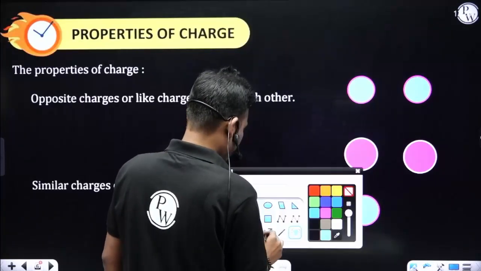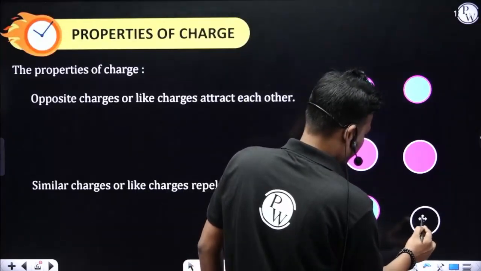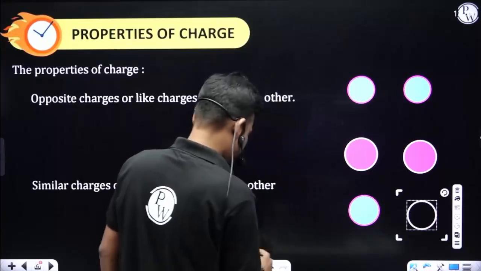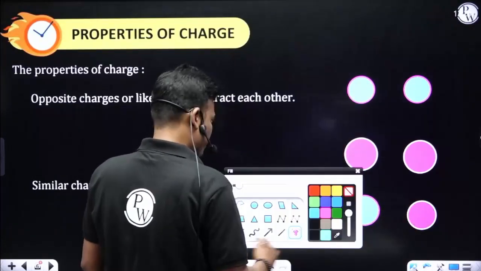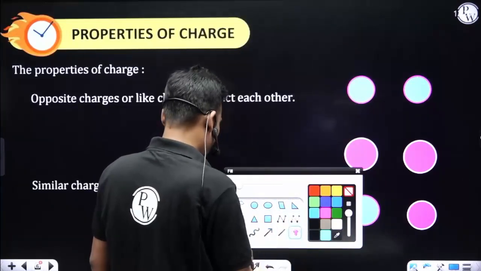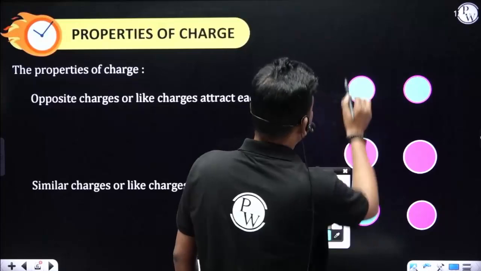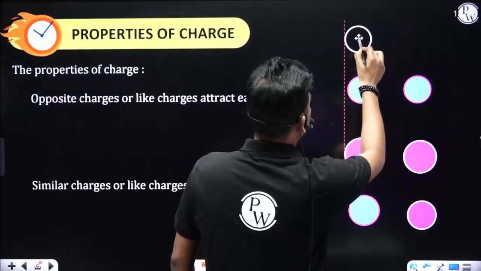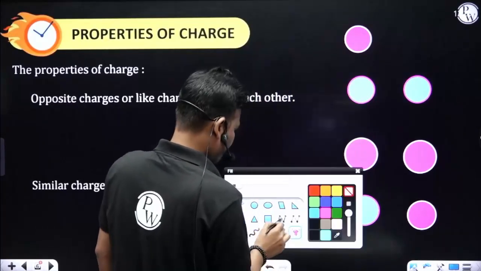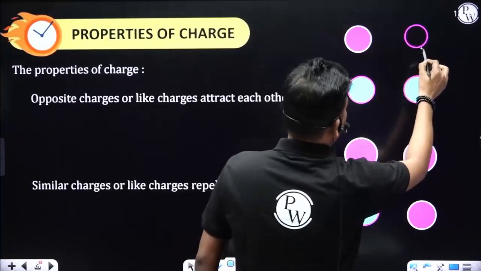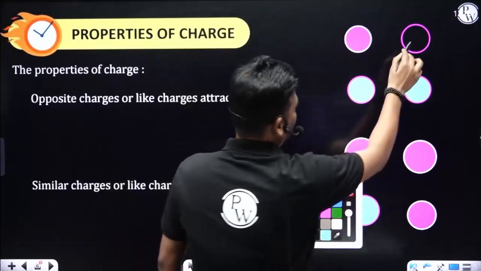Here I don't have space, so I'll write it on top.